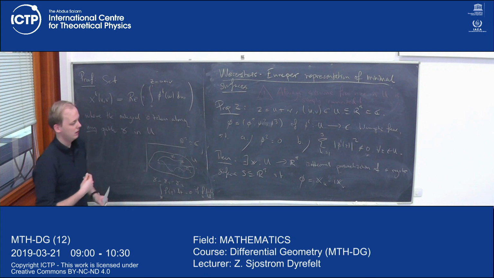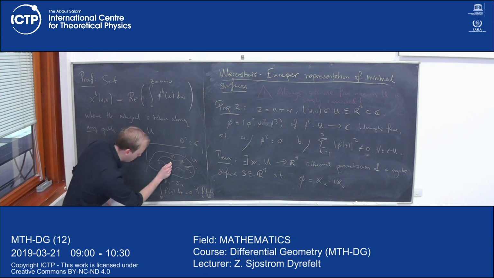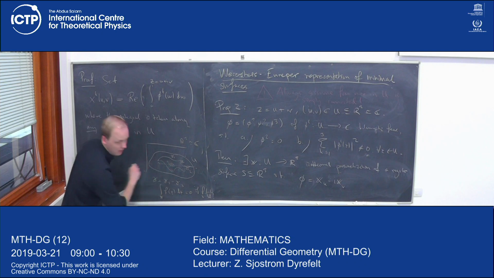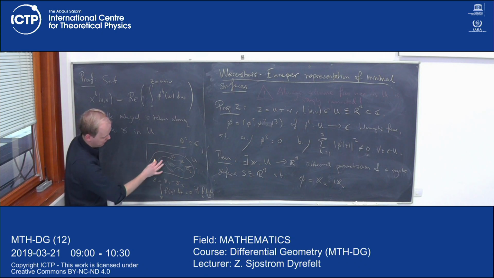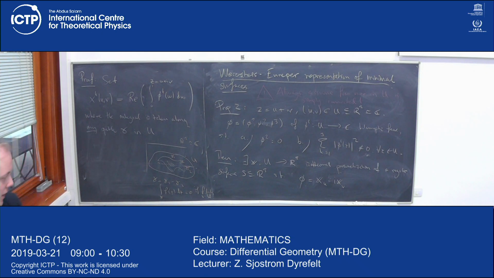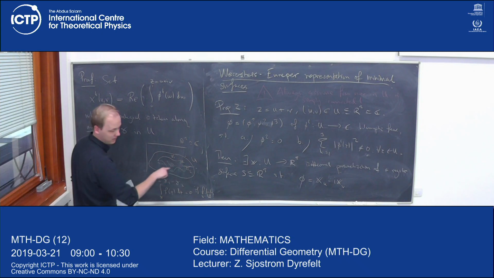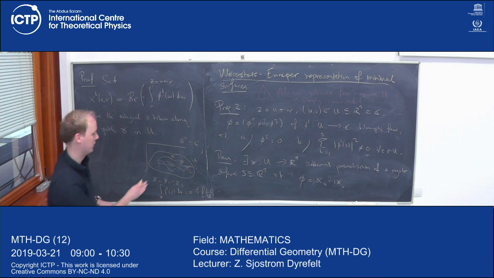But why do I say that I take U to be simply connected? Well, if there was a hole somewhere, then this is no longer true. In that situation I would want to restrict my domain so that it is simply connected, because if I go on different sides of some hole in U, then this would no longer work.